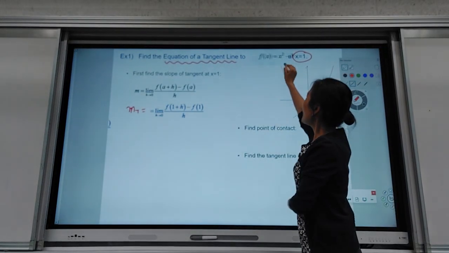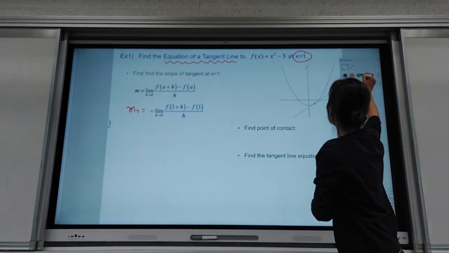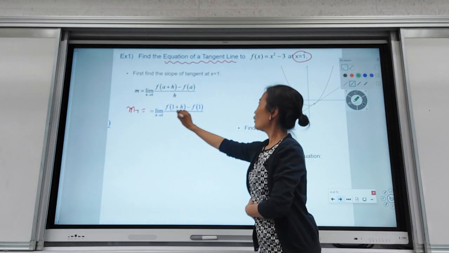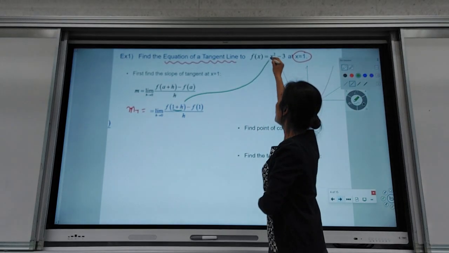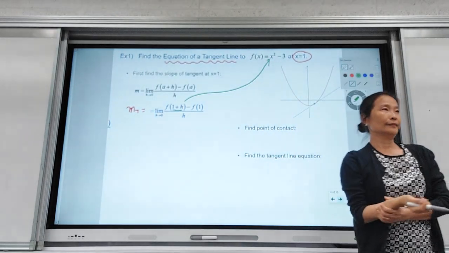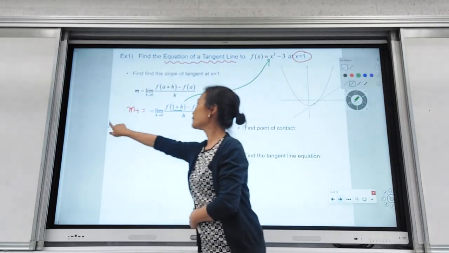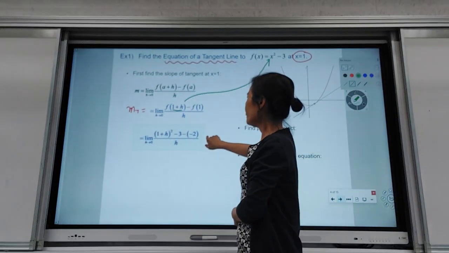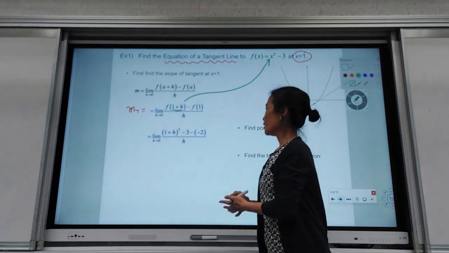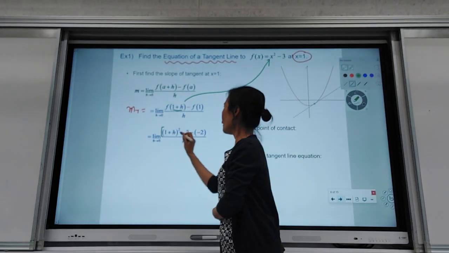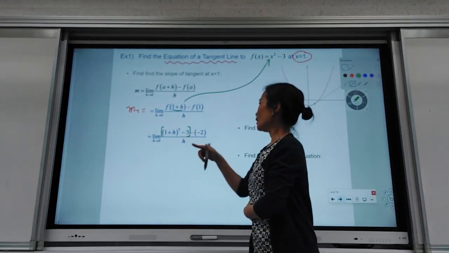We give you the function right here. So I'm going to substitute 1 plus h into x. So basically expand this, right? Substitute that into the function. So this is f of 1 plus h.